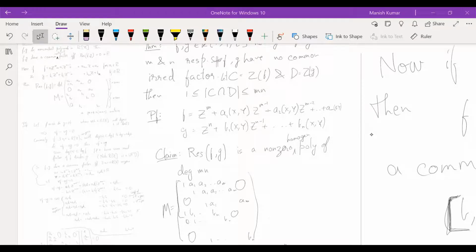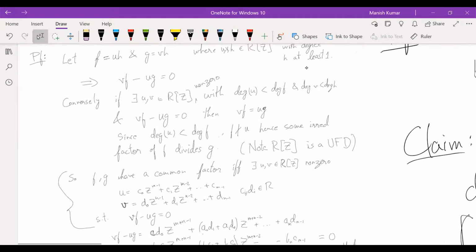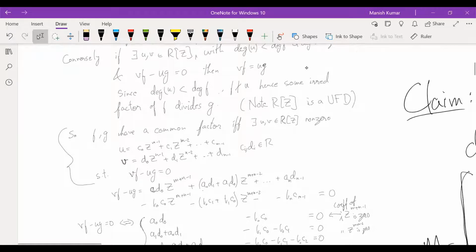Coefficient of z power m minus 1 can be 0, right? In U and V, yeah. I did say that. U and V are of this form, and C0, for instance, could be 0.